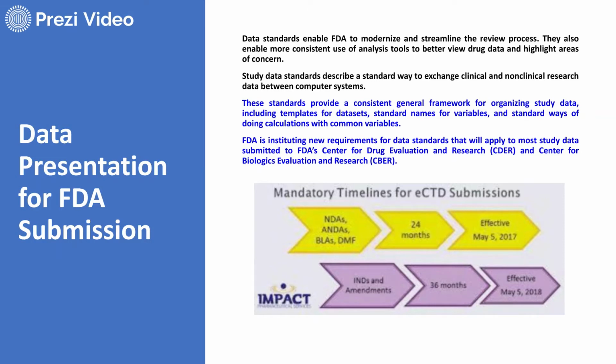So these two centers basically work with the drugs and biologicals, and they look after all the submissions submitted by different manufacturers. They review all the protocols for the different submissions, maybe INDs, NDAs, ANDAs or generic molecules.